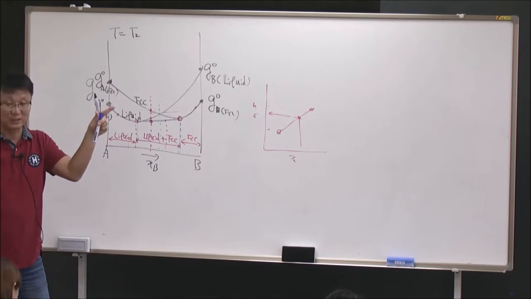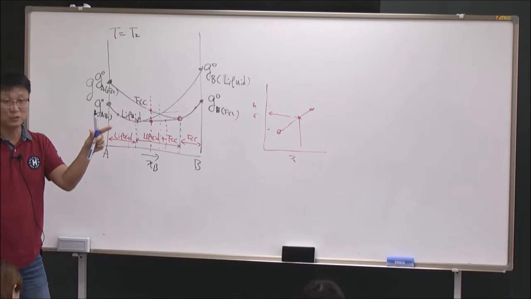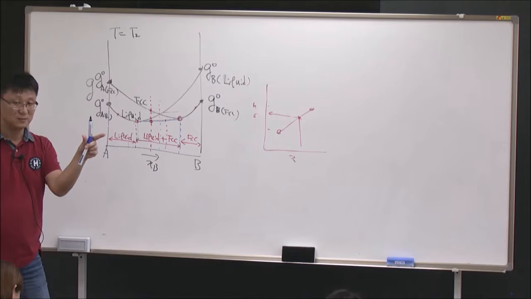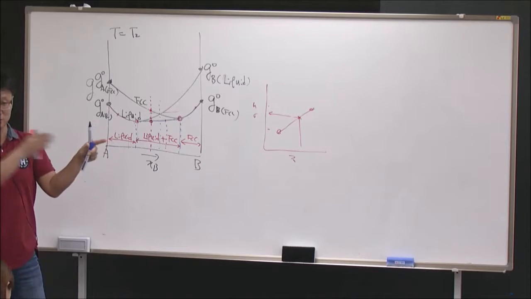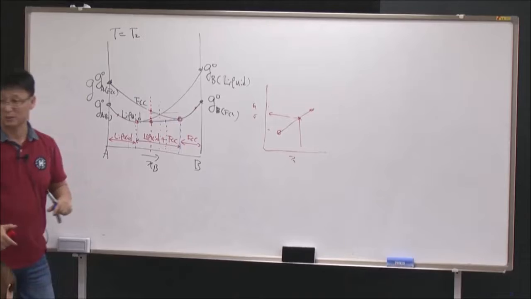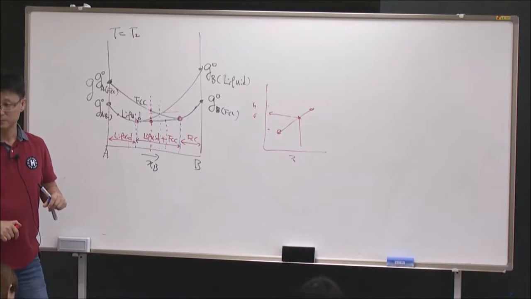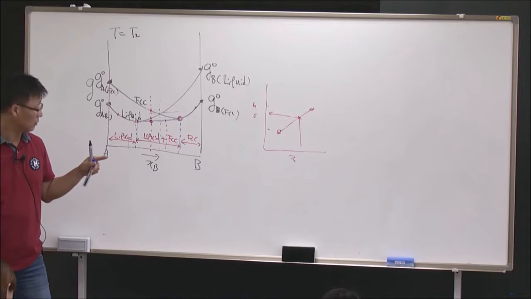However, the composition of the solid and liquid phases is not changing. Is it okay? Composition is the same. However, the amount changes from 0 to 100% or 100% to 0 inside this cotangent line. You get it? That's a very important point.